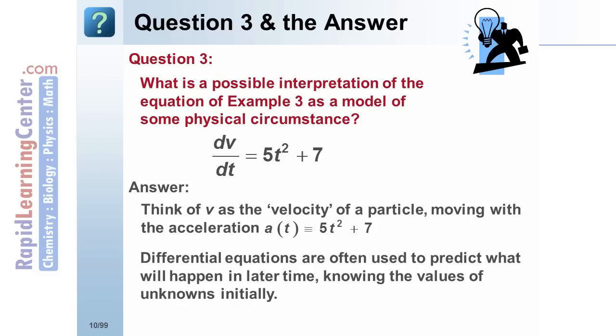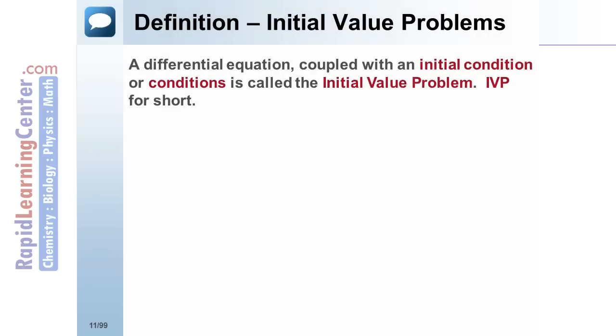Differential equations are often used to predict what will happen at a later time, knowing the values of the unknowns initially. Definition: a differential equation coupled with an initial condition or conditions is called an initial value problem, IVP for short.